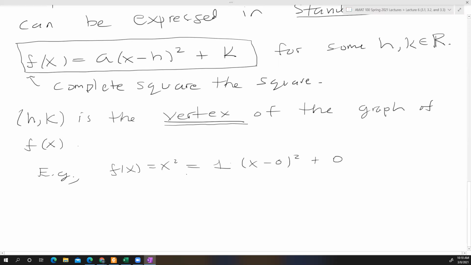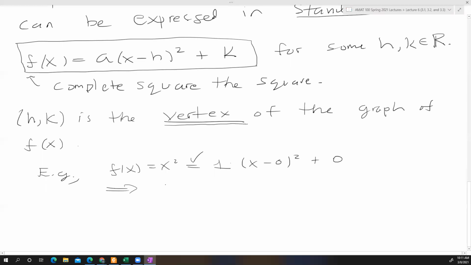This equality holds. I've just rewritten it. x minus 0 is just x, and then that's x squared. Then 1 times x squared is just x squared. And when you add 0 at the end, it doesn't change anything. So this equation in fact holds.